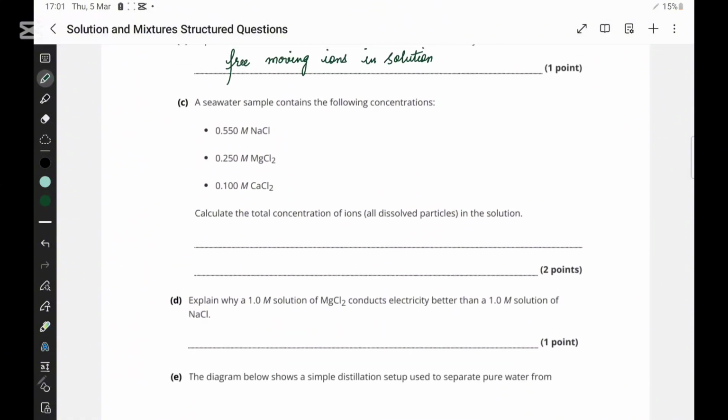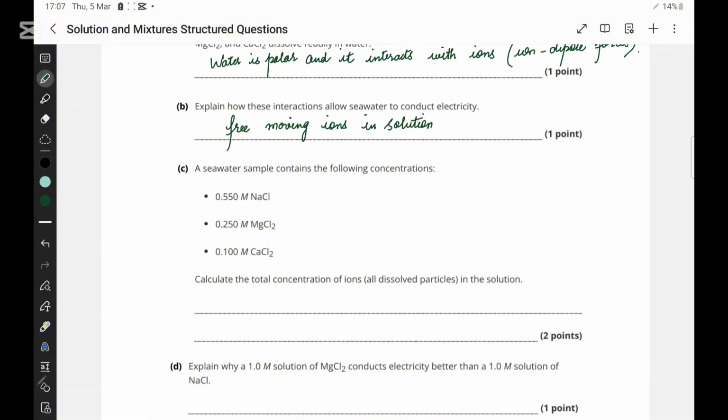Calculate the total concentration of these ions. For NaCl, a seawater sample contains the following concentrations: 0.550 molar NaCl, 0.250 molar MgCl2, and 0.1 molar CaCl2. We have to find out the total concentration of ions in the solution.